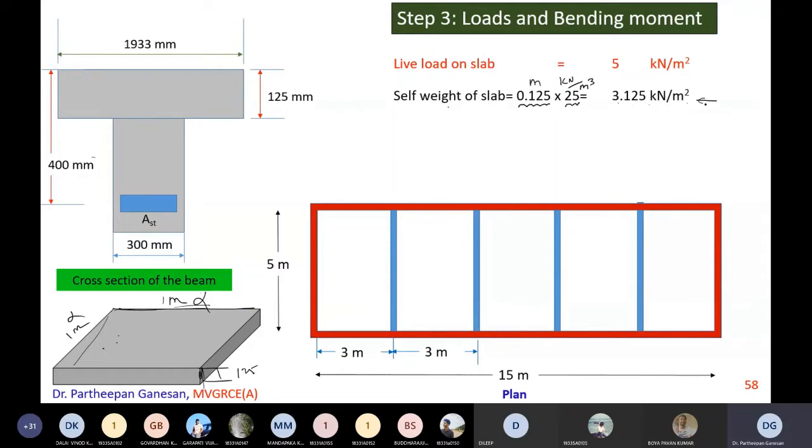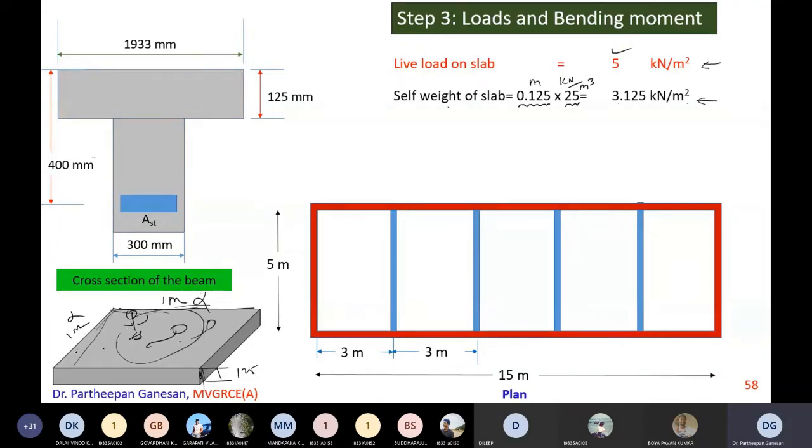Why am I working out in terms of kilonewton per meter square? Because live load will always be given in terms of kilonewton per meter square. If you take in your floor 1 meter by 1 meter, at any point of time, the number of people, any moving equipments, all these things, the total weight will be only 5 kilonewton per meter square maximum.